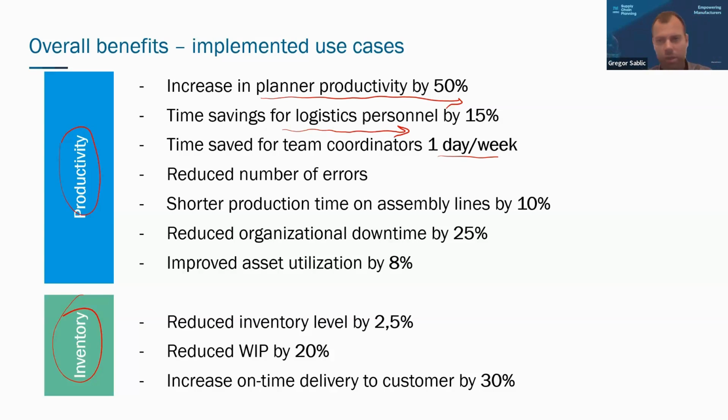So no need for additional communication, and the system transparently gives them the information. Of course, at the end, there is a reduced number of certain errors, and also shorter production time on assembly lines, as well as, as we mentioned before, improved delivery times to the customer, or lead times.